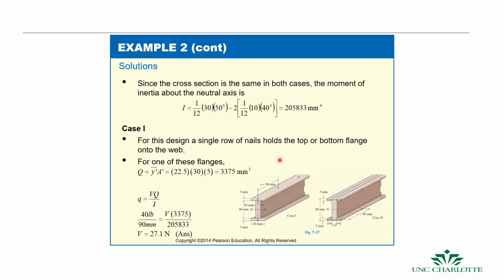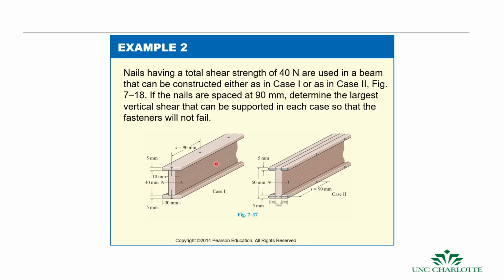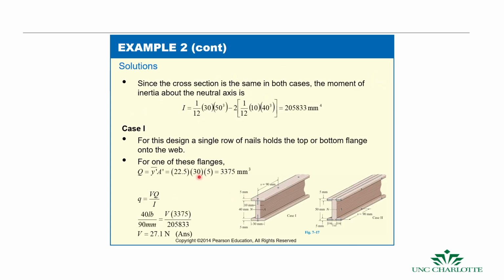So we can take case 1. In case 1, we have to calculate Q, which is y bar prime times A prime. We're told that the distance across here is 30. So this A prime here is 30 times the thickness 5, and then y prime is the distance from the center to the center of this member.